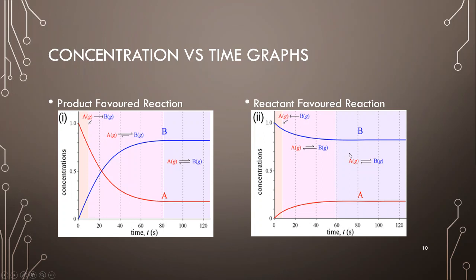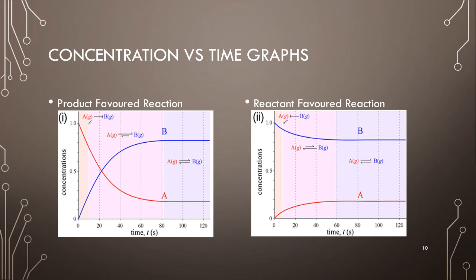That is showing that B is still preferred by this system for the reaction. So A would rather change to B, correct? Yeah. So B doesn't really want to go back to A. Okay. So this depends on which reaction you're working with.